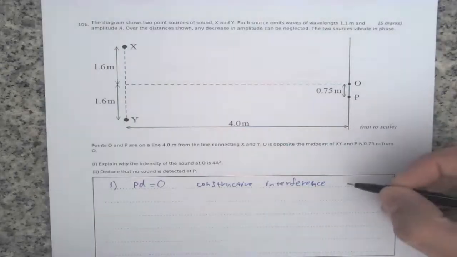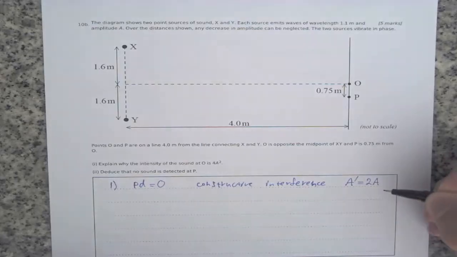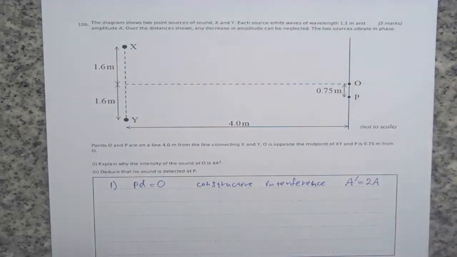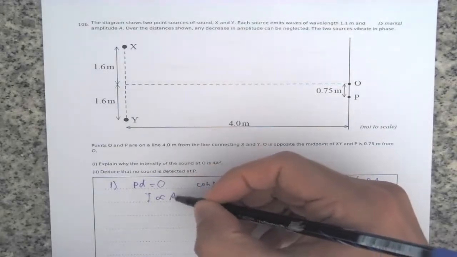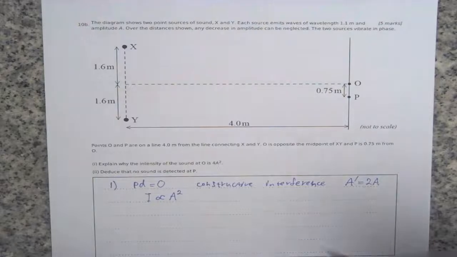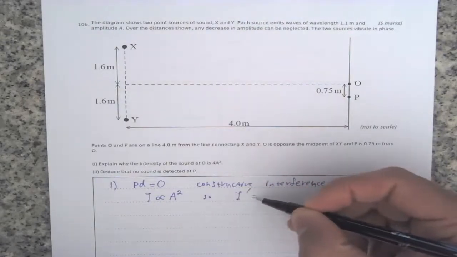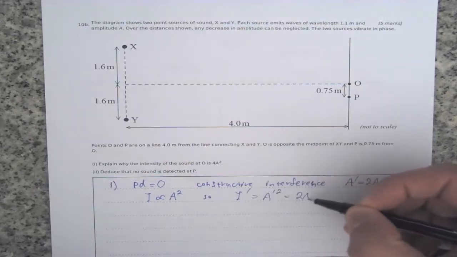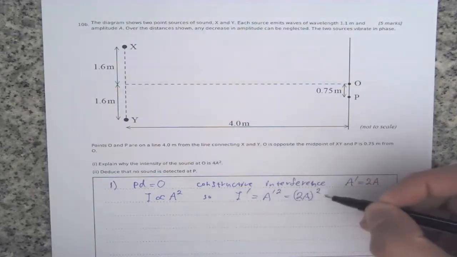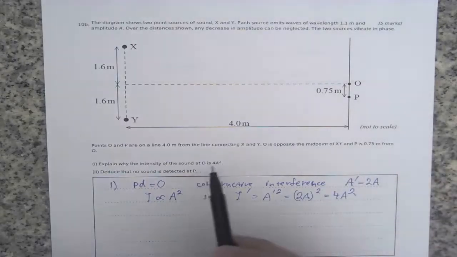So this will give you a new amplitude of the addition of the 2 individual amplitudes, so 2A. So you also know that the intensity is directly proportional to the amplitude squared. So the new intensity that you are looking for will be equal to the new amplitude squared, so that means it is 2A squared, so it gives you 4A squared. And this is what you want to prove.